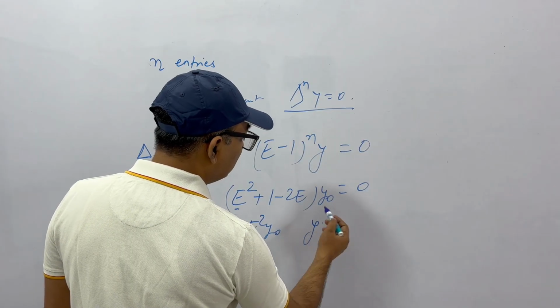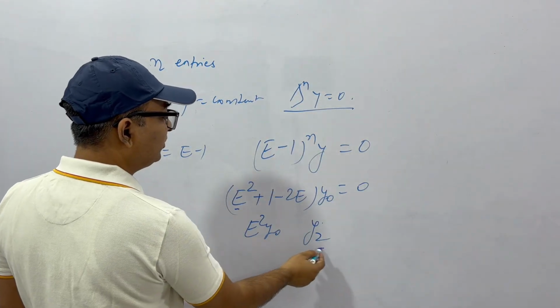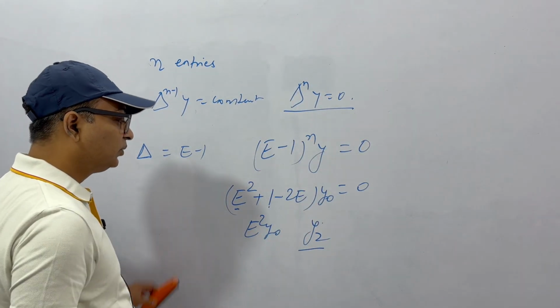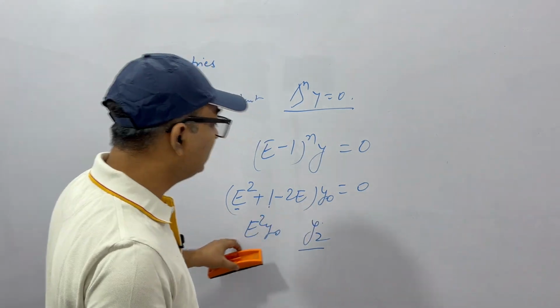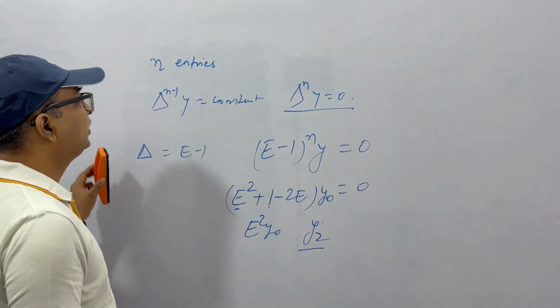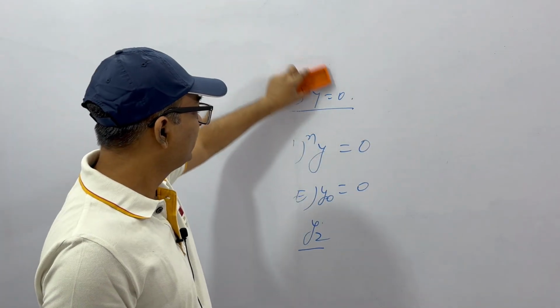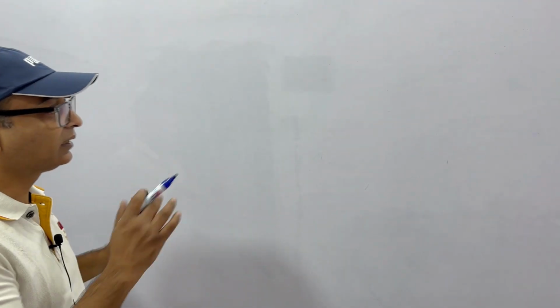If this is y0, y1, y2, this will be y2. So we'll expand, construct equations based on this and find the value. So there are two methods. Now we'll see an example and solve the same example by both these methods to clear our concept.